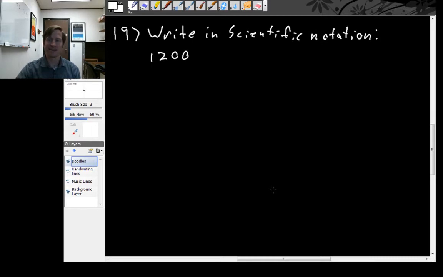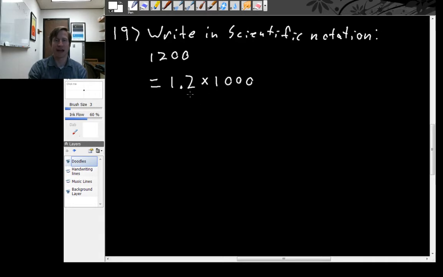So here, writing this in scientific notation. So just like the last one, there's sort of 2 ways to do this. I'll start out by using factors of 10. So 1,200, this is 1.2 times 1,000.